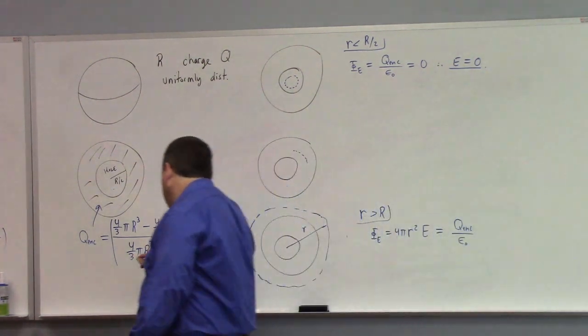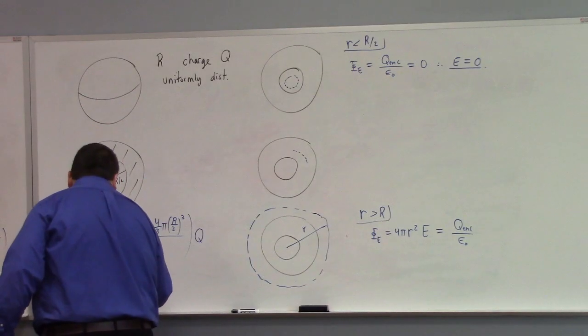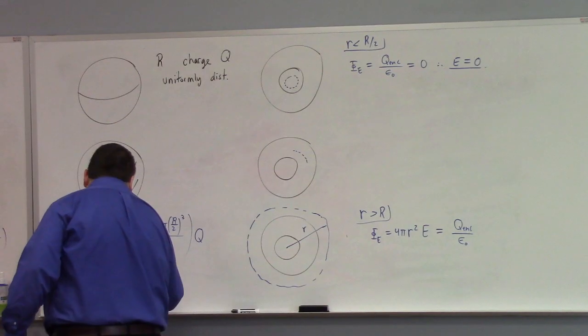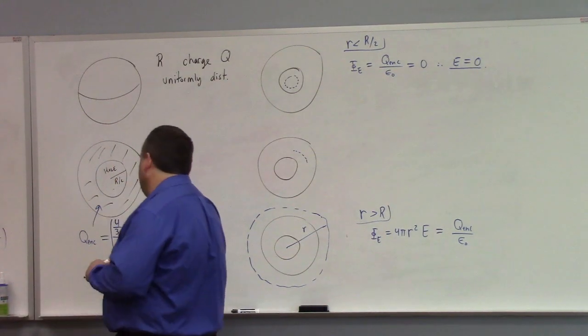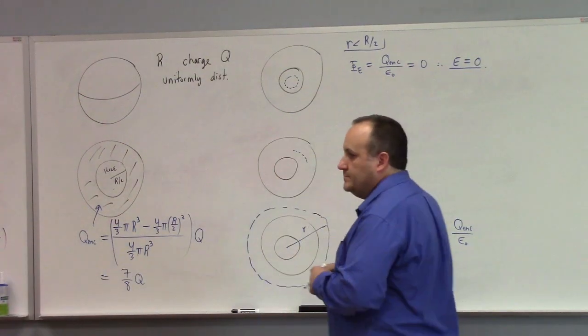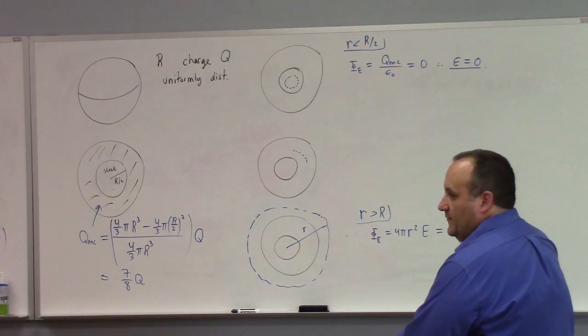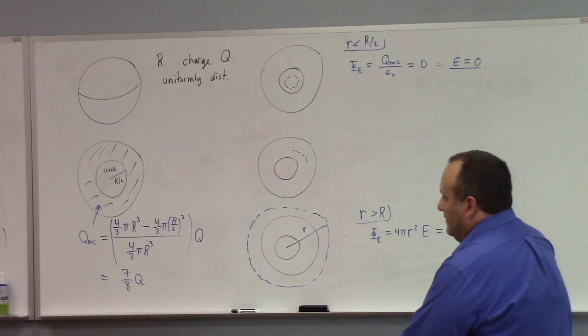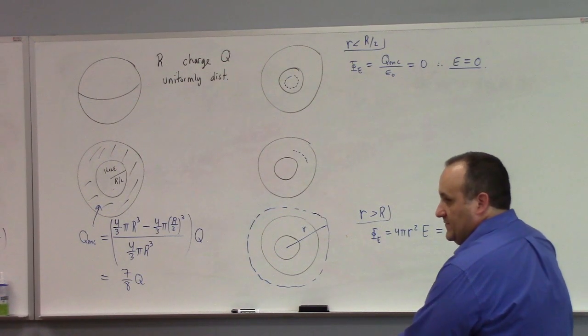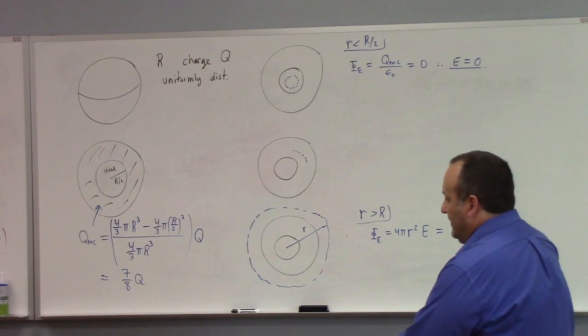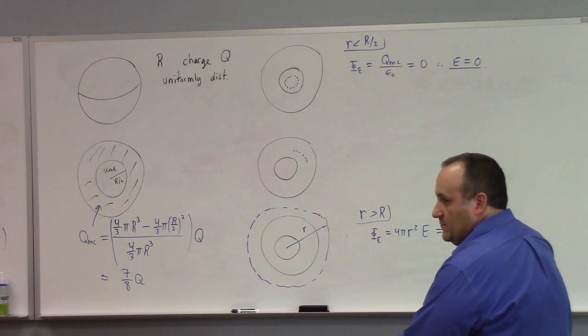So if I've done my math right, I think that's 7/8 Q. The 4 pi over 3 and the R cubed cancel, so you just focus on 1 minus 1/2 cubed, which is 1 minus an eighth, which is 7/8.